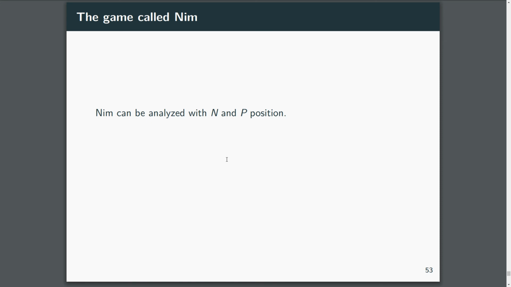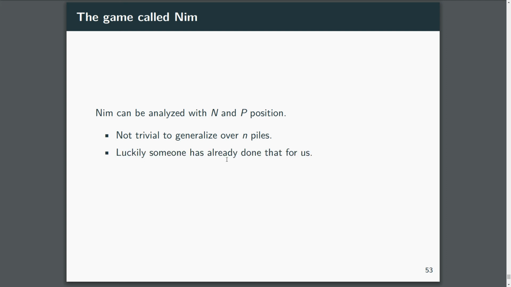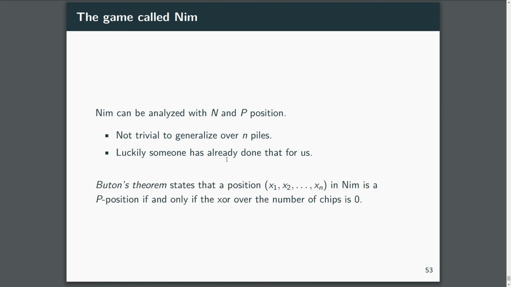We could analyze this game with the N and P positions, but it's not trivial to generalize it over all the piles. But someone already did that for us. Bouton's theorem states that a position in Nim is a P position if and only if the XOR, the bitwise exclusive OR, over the number of chips is 0.